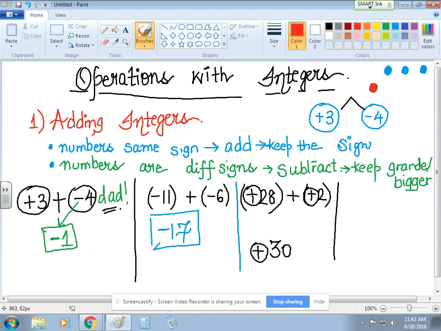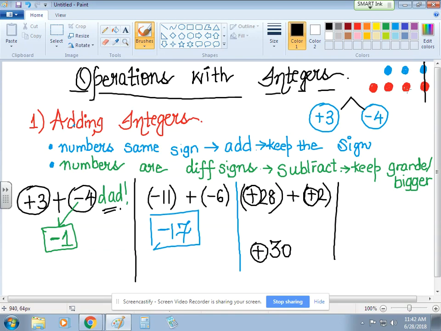So 1, 2, 3, 4. Now, students, always remember one easy trick here: one negative and one positive make a zero. See, for example, you have $1 in your bank and you take away that $1 from your bank, you have actually nothing left in your bank anymore. So that goes away, right?